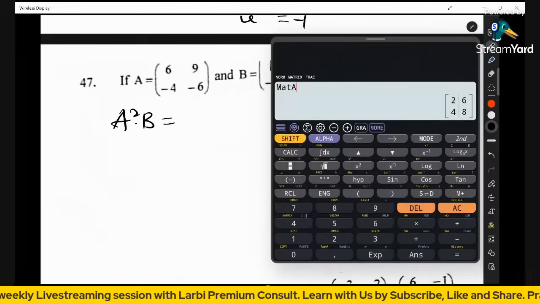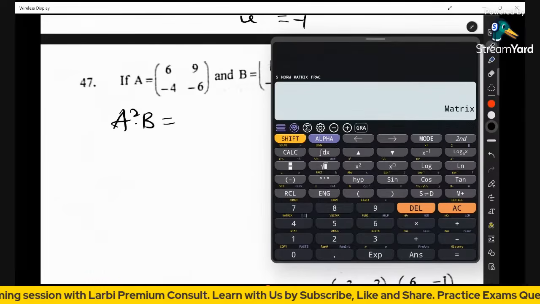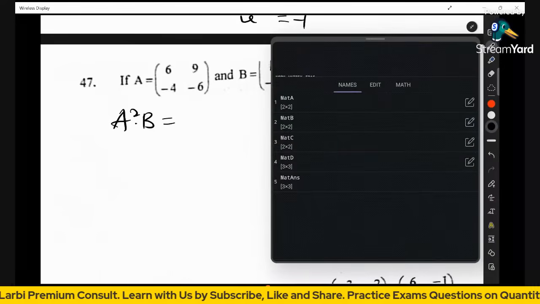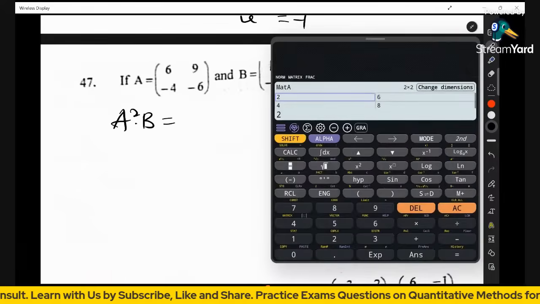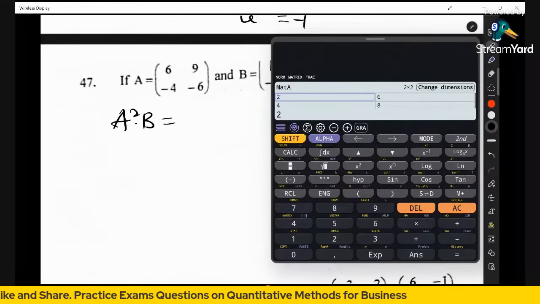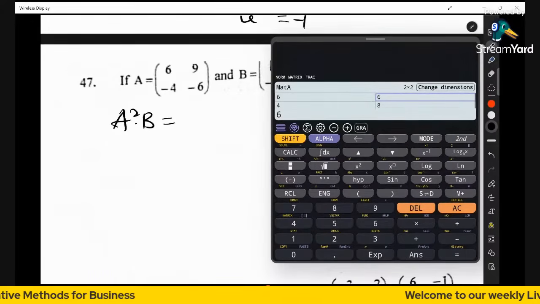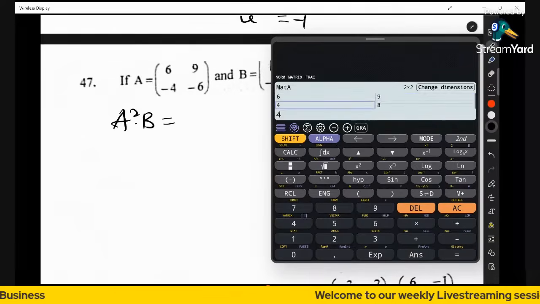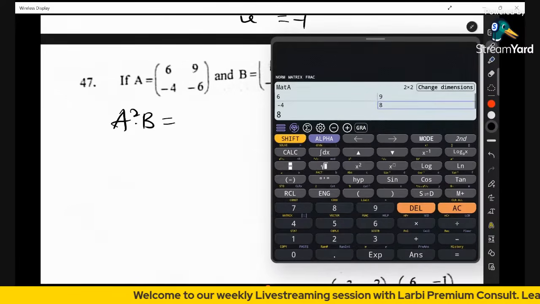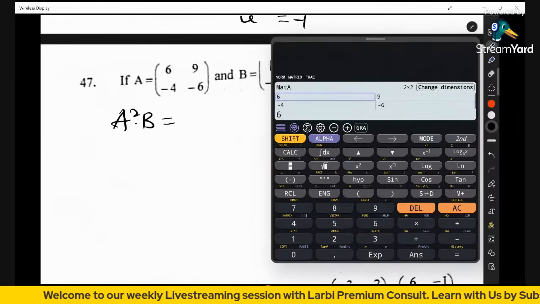So I'll select A. Okay, so bring in the 4, go to my edit and then edit A. So first entry 6. And then the second one is what? 9. The third is negative 4. Then negative 6. So that is for the A part.